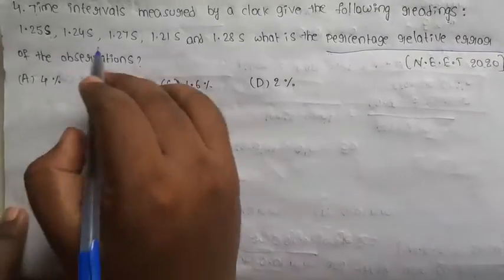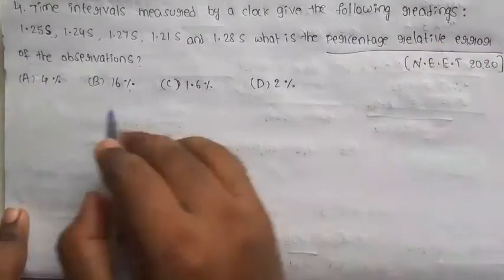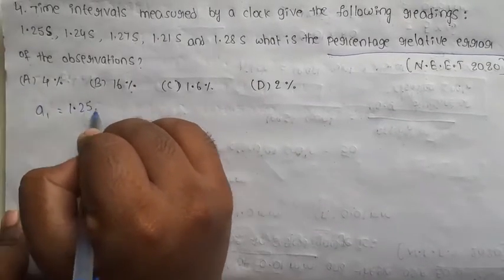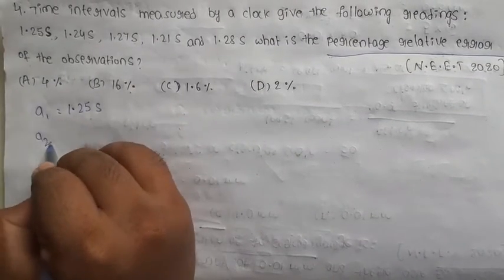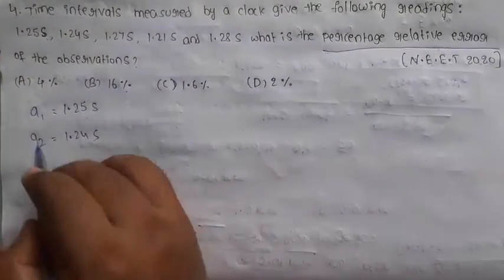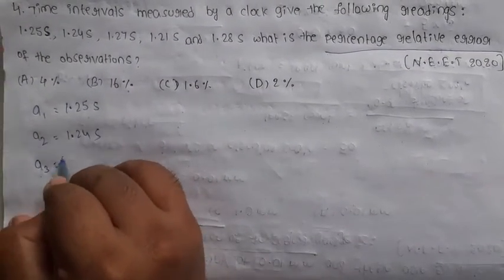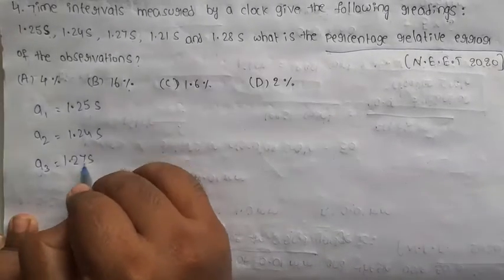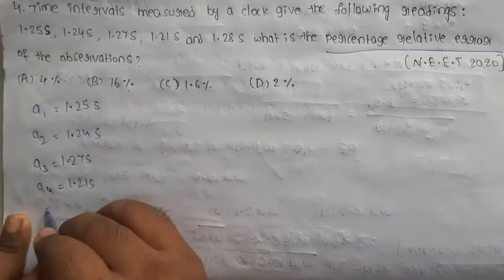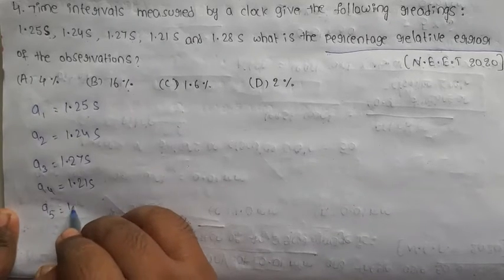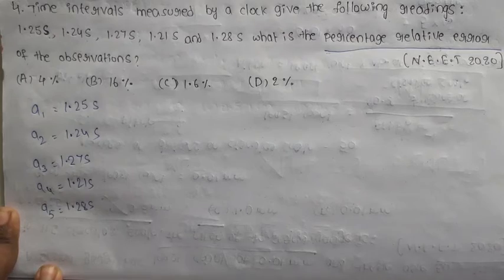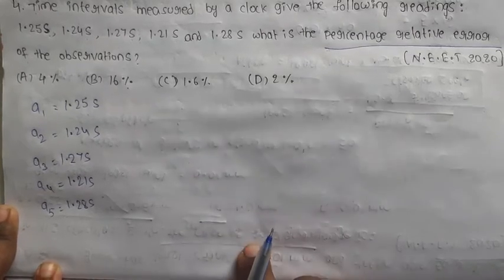Before that, I am noting down the readings. A1, the first reading, is 1.25 second, A2 is 1.24 second, A3 is 1.27 second, A4 is 1.21 second, A5 is 1.28 second. These are the 5 readings of time intervals.